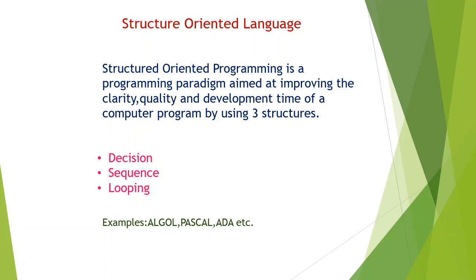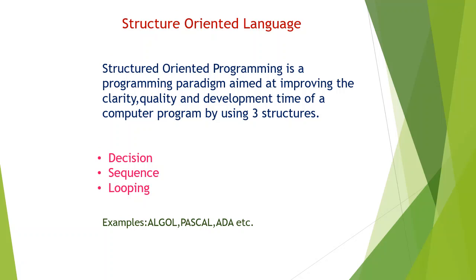It is a programming paradigm or model aimed at improving the clarity, quality, and development time of a computer program by using three structures. What are those three structures? Decision control structure, sequential structure, and looping structure.